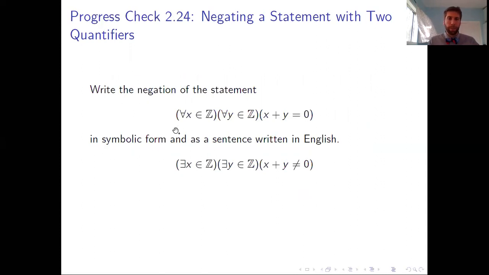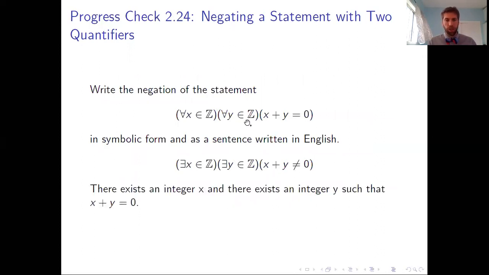Negating it, moving a negative past the for all makes it there exists. Moving the negative past the second for all makes that one there exists. And then inside here we negate that part, so x plus y is not equal to 0. So there exists an integer x and there exists an integer y such that x plus y does not equal 0. And that completes section 2.4.